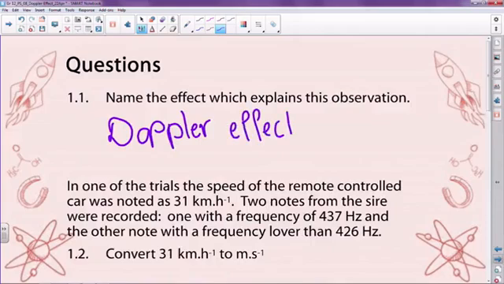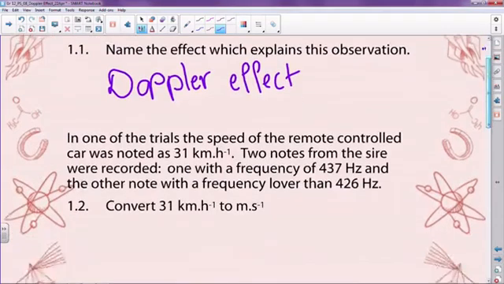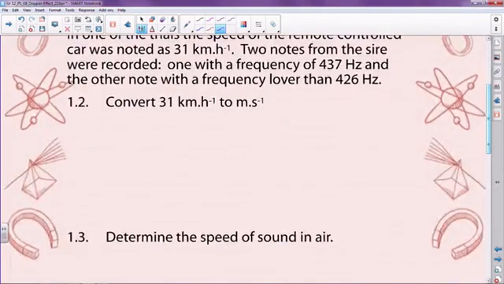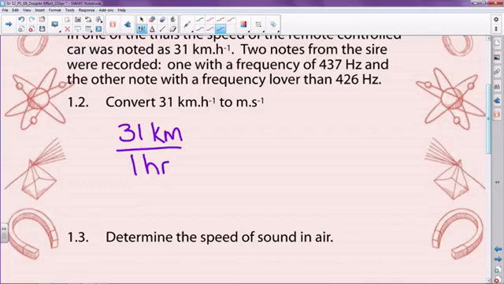Now, when it comes to converting, this is just something you've got to keep at the back of your mind. I want to show you how we do it. So 31 kilometers per hour means it's 31 kilometers in 1 hour. To change kilometers to meters, we times by 1,000.